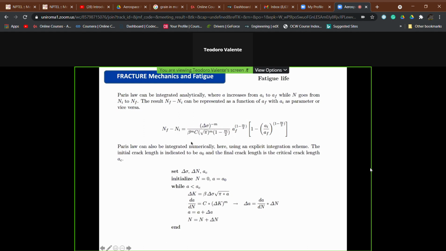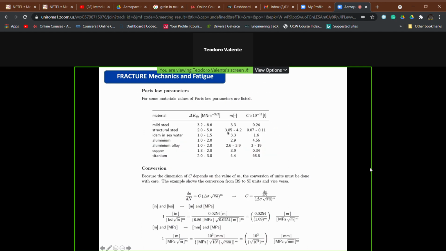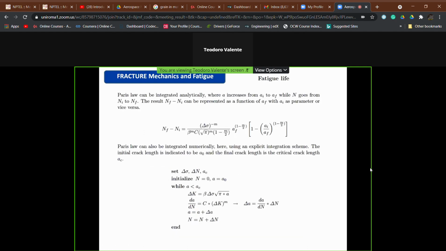Knowing the two constants C and M, by a table like this or by experimental values, and knowing the amplitude of the fatigue cycle, we are able to make a prediction of the number of cycles which are required to have a failure of the material itself.